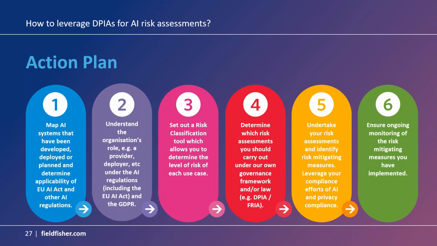And we've seen this already in an accountability context under the GDPR, that it's not about doing a one-off DPIA or one-off LIA. It's about ensuring ongoing monitoring of the risk and ensuring that the risk is mitigated on an ongoing basis. So these are just some of the action points to have in mind, some of the things to start thinking about. Key to all of that is really understanding what is happening from an AI perspective within your organization.